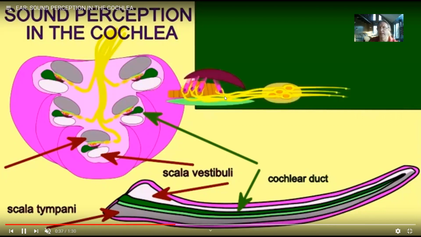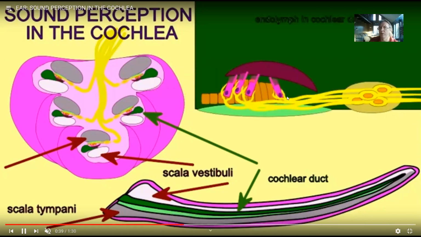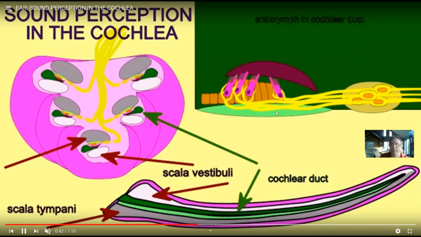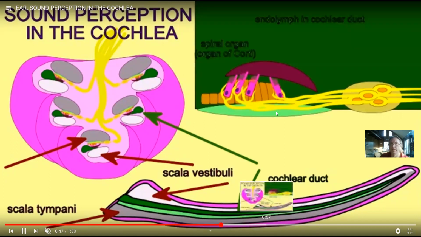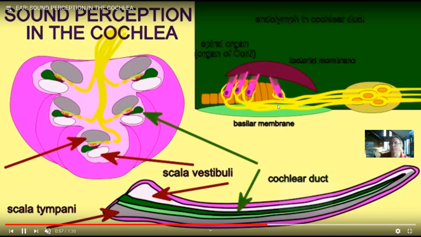So let's advance. Attached to the basal part of these epithelial cells is the basilar membrane. And then here you see the kinocilium and the stereocilia attached to the tectorial membrane.